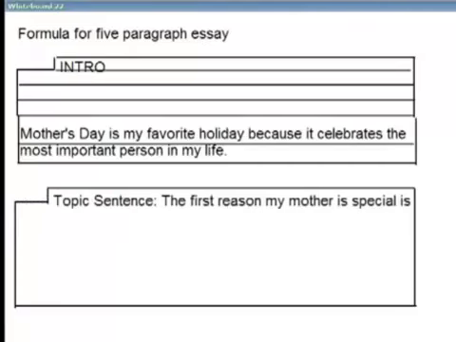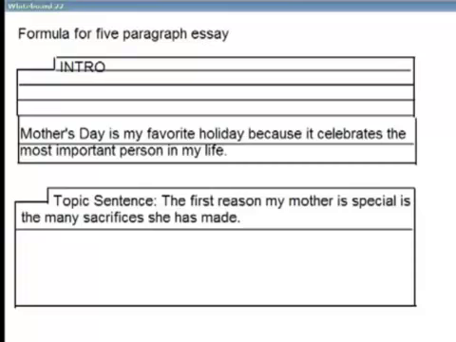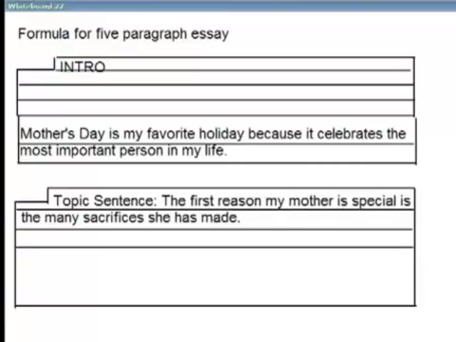The topic sentence is the first sentence of the paragraph. And then comes the rest of that paragraph. The rest of the paragraph contains your support for that one statement right there.